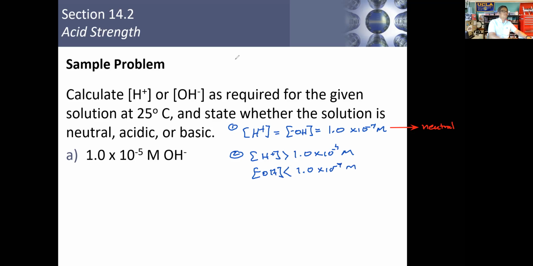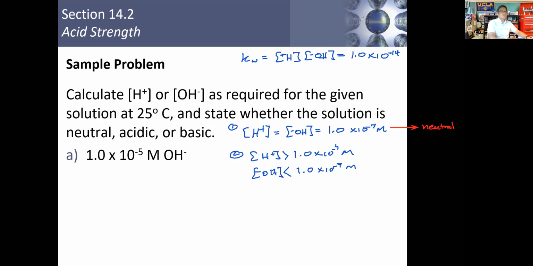The reason this is true is because, remember, the water dissociation constant, Kw, is equal to the product of those two concentrations, and that is equal to 1 times 10 to the minus 14. This number always has to be constant.